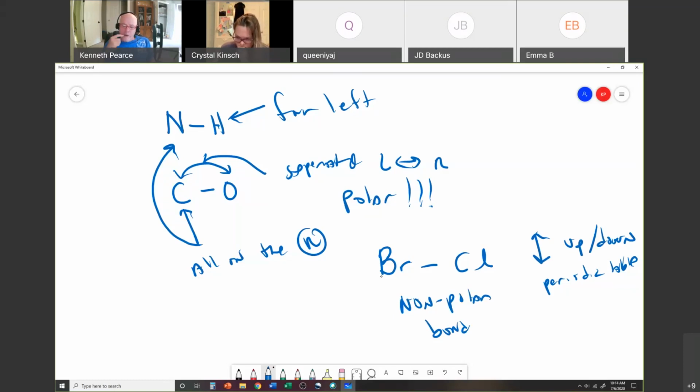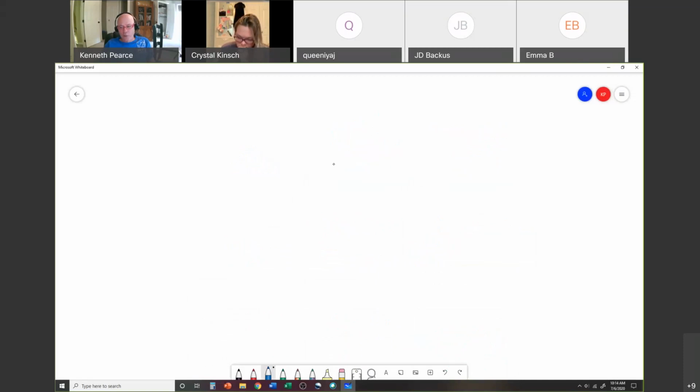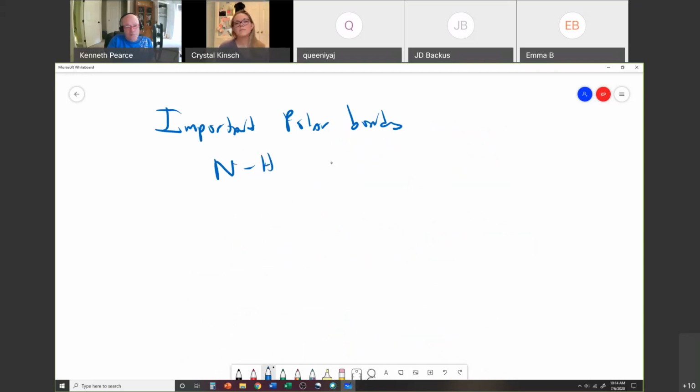Okay? And so when we're talking about organic molecules, which is where most of y'all will end up heading at some point maybe, the important polar bonds will generally be things like NH, OH, FH, and anything involving carbon with oxygen or carbon with some sort of halogen.